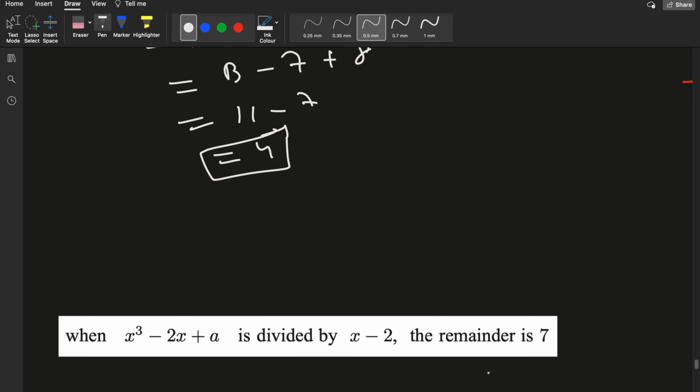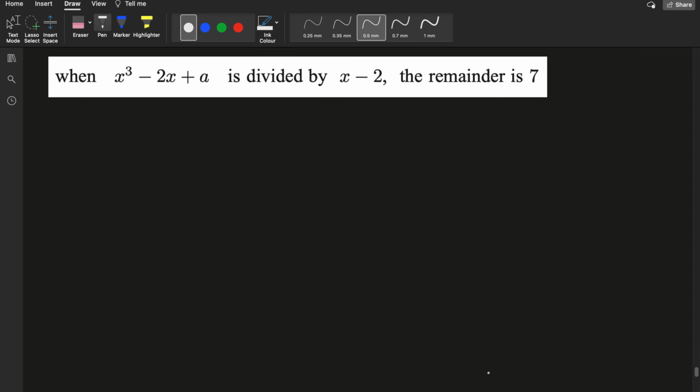Moving on. Let's look at this question. When this polynomial is divided by x minus 2, the remainder is 7. So let's write down the information we know. Let's define the function f of x as x cubed minus 2x plus a.